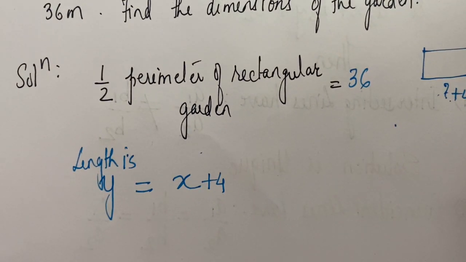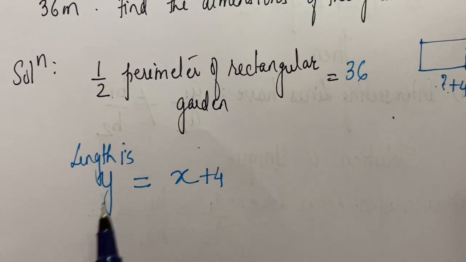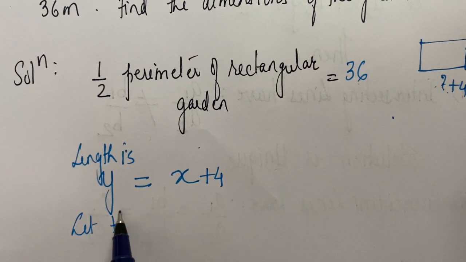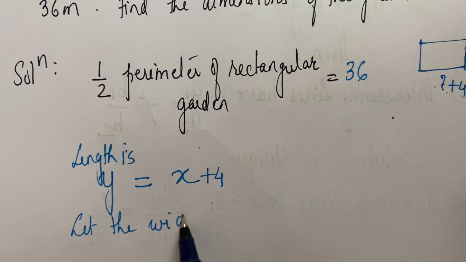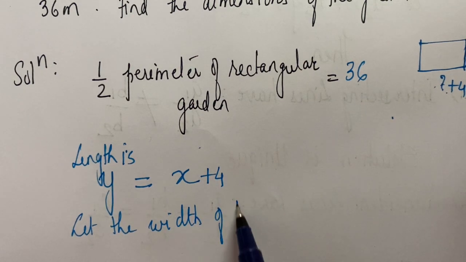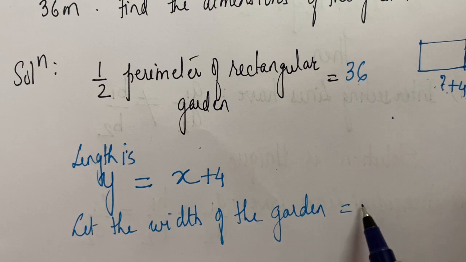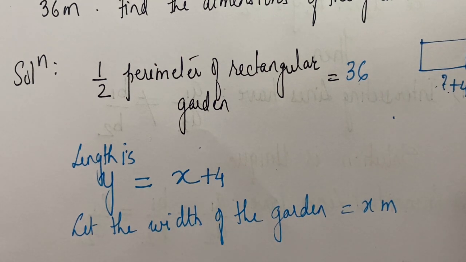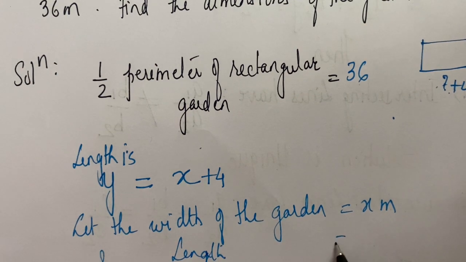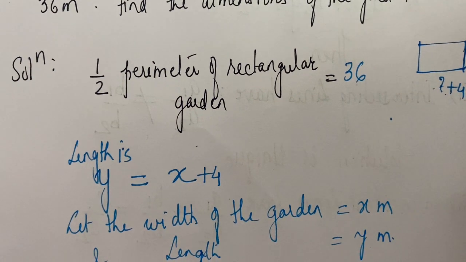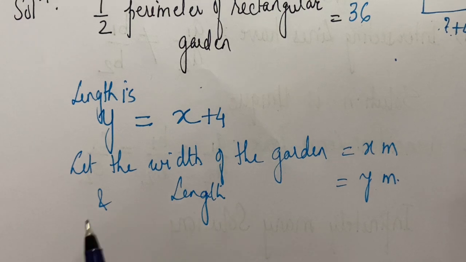So we will assume, let the width of the garden be x meter and length be y meter.